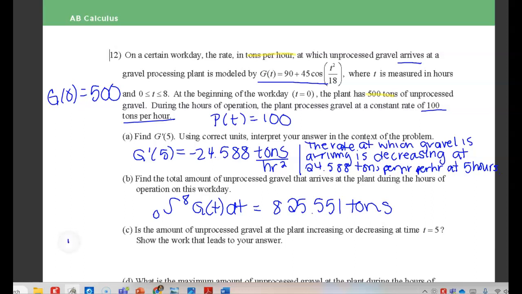In order to find that, I don't need the integral, I don't need the derivative, I need the actual function done at 5. G of 5 is 98.14076.